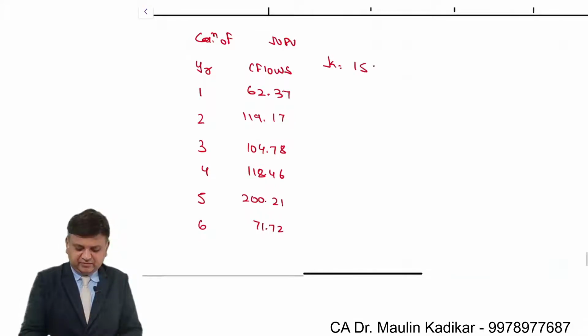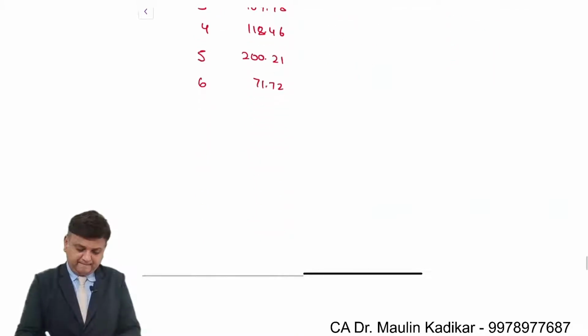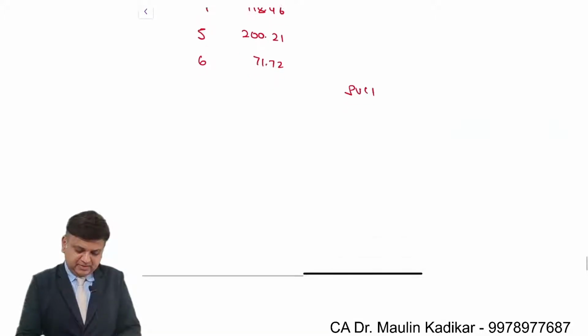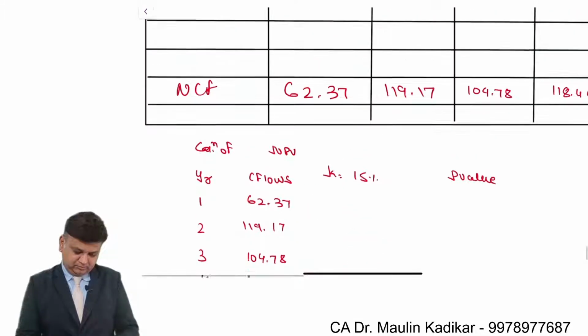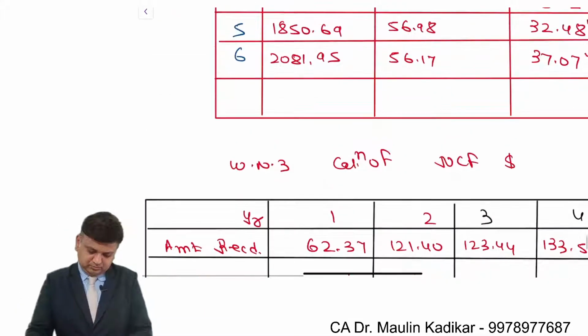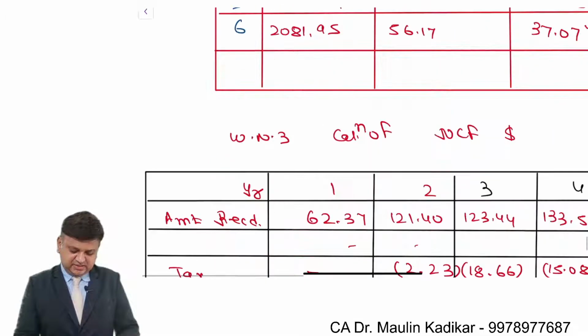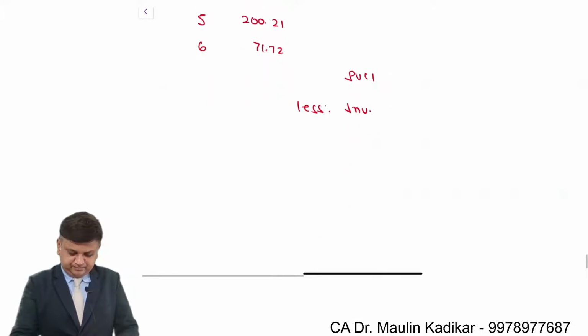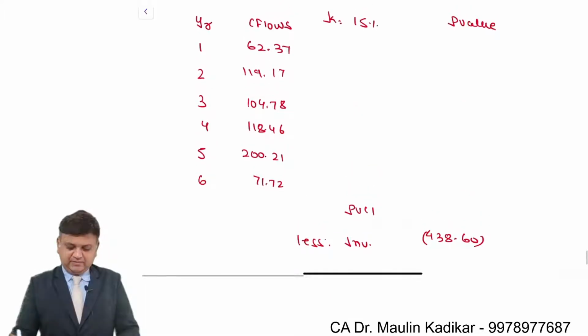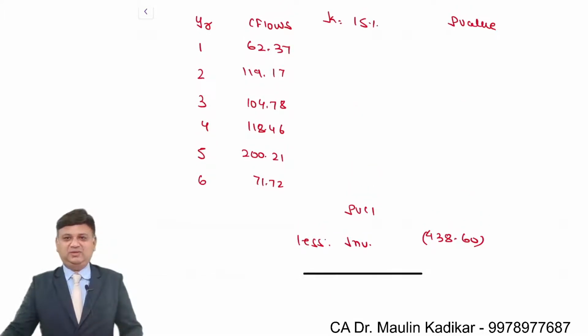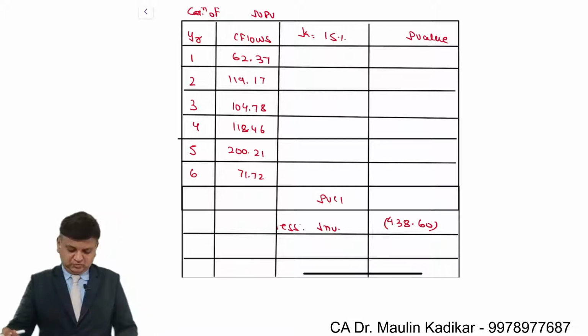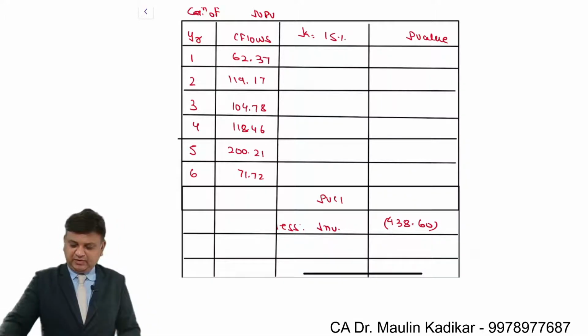We'll discount the same at 15%. Present value of the cash inflow less investment. The amount of investment is 438.60 lakhs. And based on that, NPV can be found. So discounting of the cash flows at 15%.